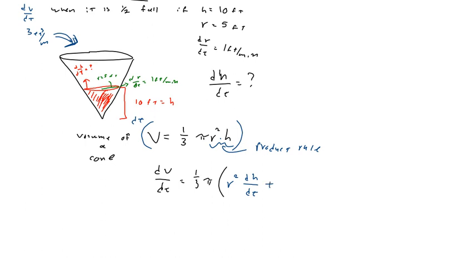Plus, I do my second part of the product rule: second times derivative of the first. h times the derivative of this r part, which is the power rule. Take the 2 in front, 2r, and then chain rule, dr/dt.